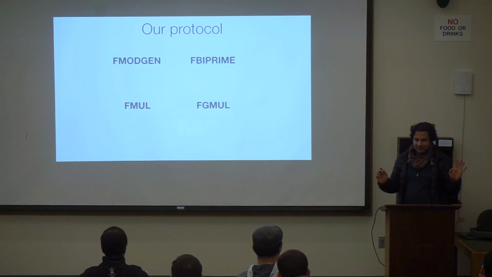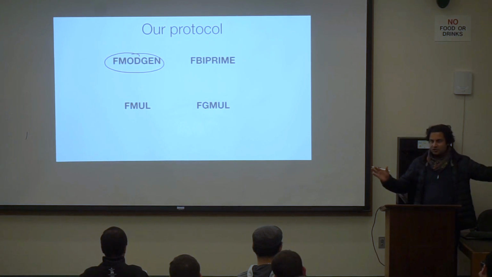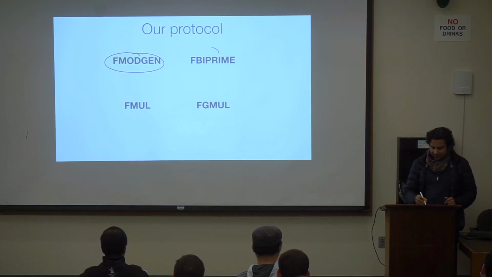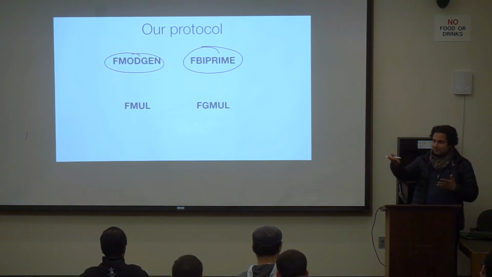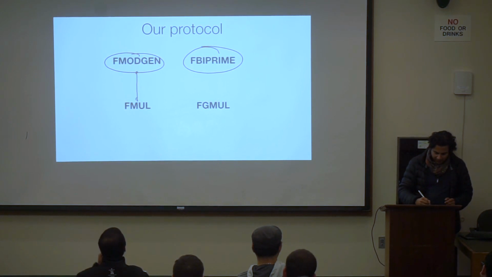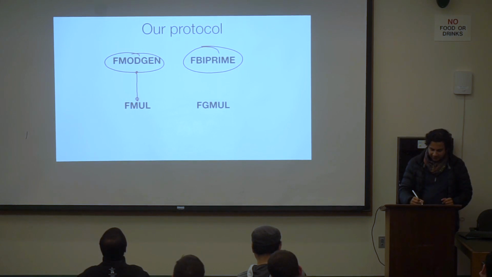This will just be the last few slides. So our protocol basically consists of f mod gen, which together does all of those things, which is sieving and candidate generation, and then f biprime, which is roughly the same idea that you had there. And mod gen only relies on f mul. That's our optimal multiplier. And f biprime basically relies on two things.